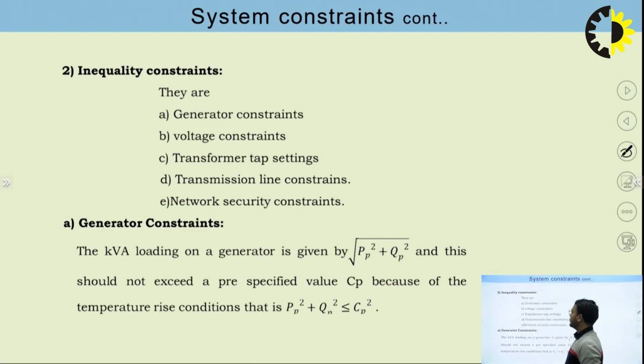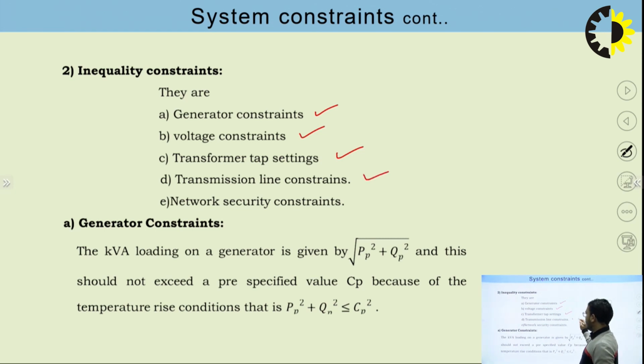In the inequality constraints, the first one is the generator constraint, the generator which is connected over the generation part. Second one is the voltage constraint, the voltage which is generated by that generator. Transformer tap changing, whether it is an auto transformer or a 2-winding transformer, depending upon the type of transformer, what tapping is used.